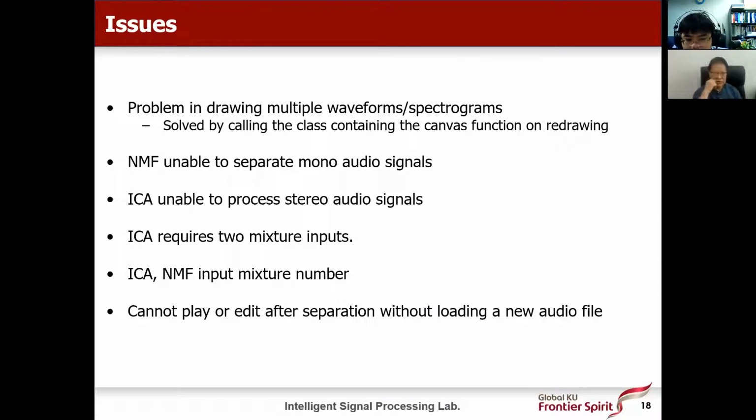Okay, so you have these issues, like NMF unable to separate mono audio signals. So you need to illustrate what is meant by this. In other words, you have a situation where there is one microphone that captures two different sources. That's one possibility. And you have two audio signals that capture two different sources.